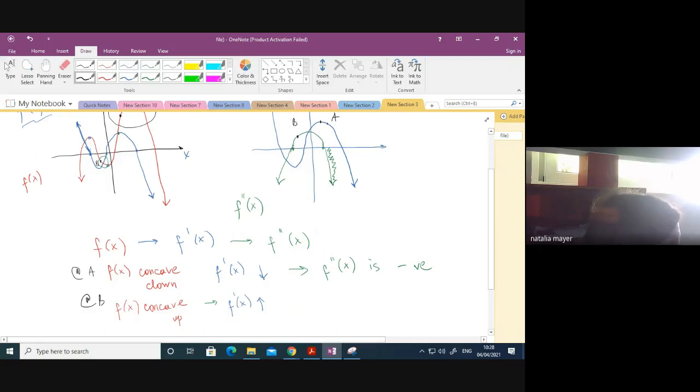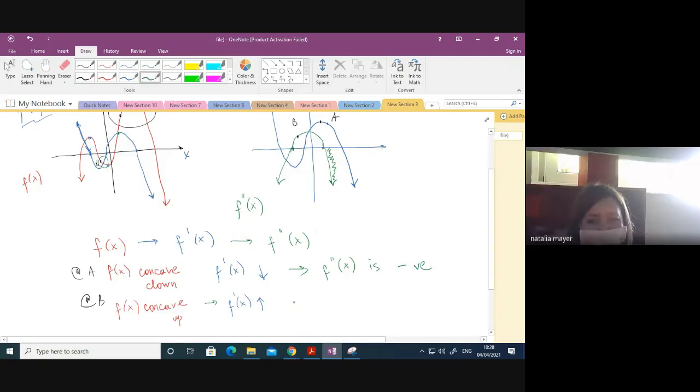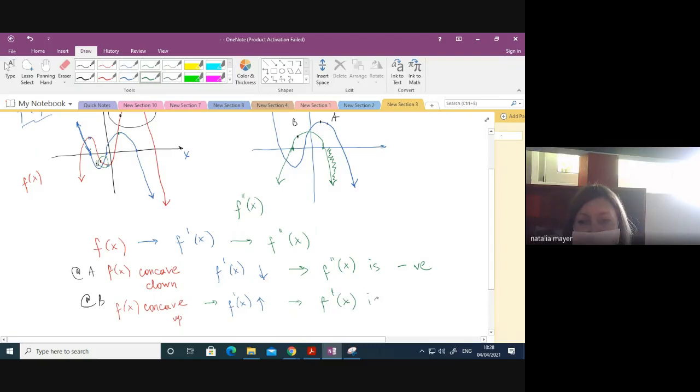So if the slope of the derivative function is positive, then the second derivative will be above the x-axis, right? It will be positive.